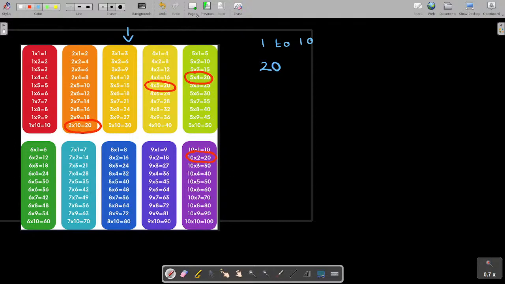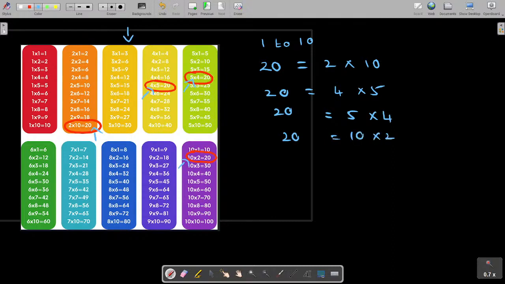In the first case, 2 into 10 is 20. In this case, 20 is 4 into 5. In this case, 20 is 5 into 4. And in this case, 20 is 10 into 2. And probably you can find it in the 20 table also. 20 is 1 into 20, and also 20 into 1. Only in these places you get 20, right?